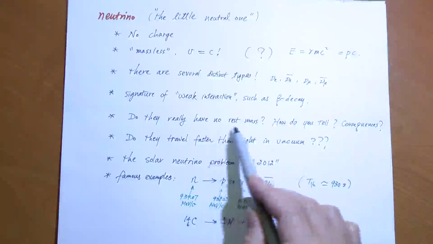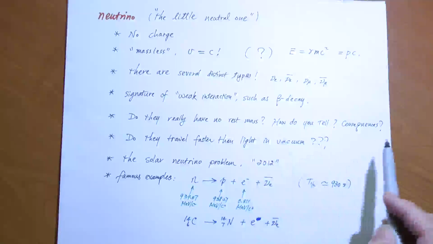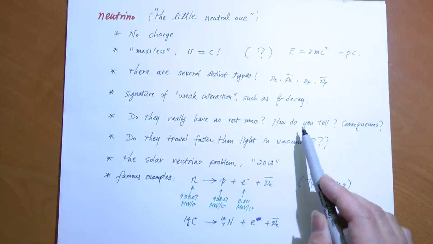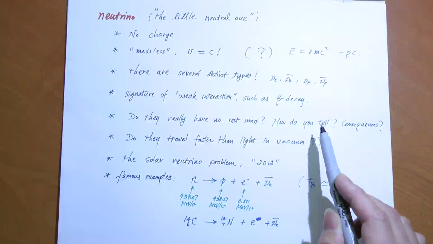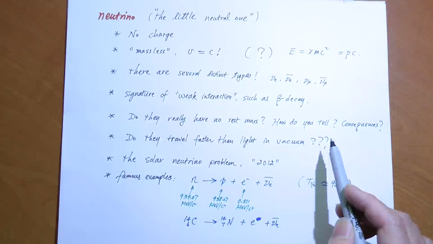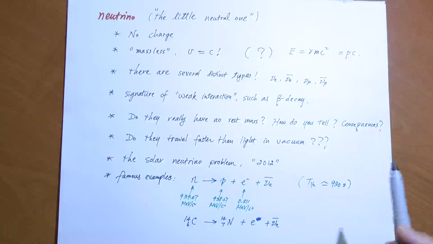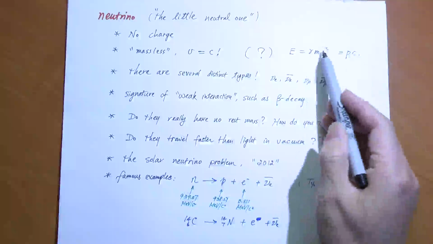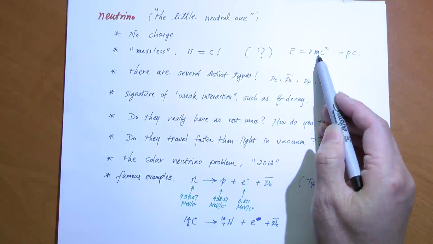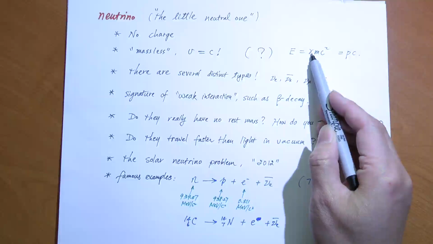And the rest mass, as you know, we discussed that. How do I tell whether the neutrinos have a rest mass or not? Well, according to Einstein's theory of relativity, anything that has a non-zero rest mass cannot possibly travel at the speed of light. Just look at this formula. When m is not zero, no matter how small it is, gamma cannot be infinity, right?